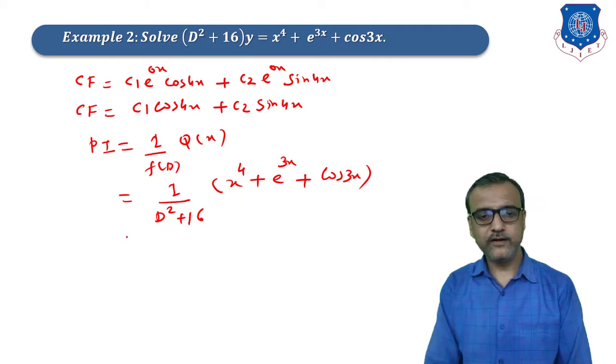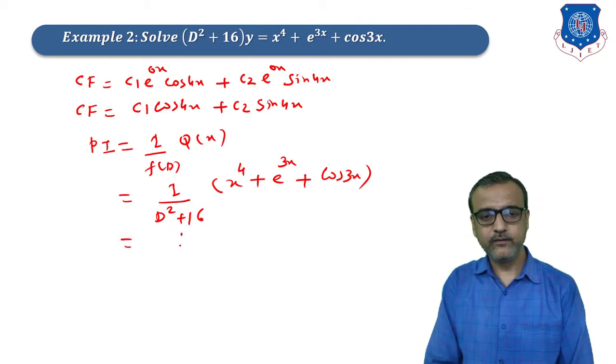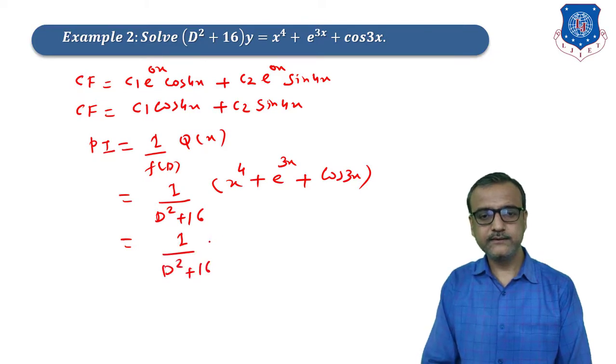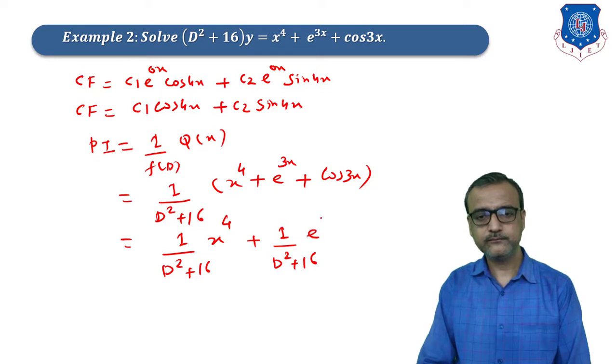So we have 1 upon D square plus 16 x raised to 4 plus 1 upon D square plus 16 e raised to 3x plus 1 upon D square plus 16 cosine of 3x.